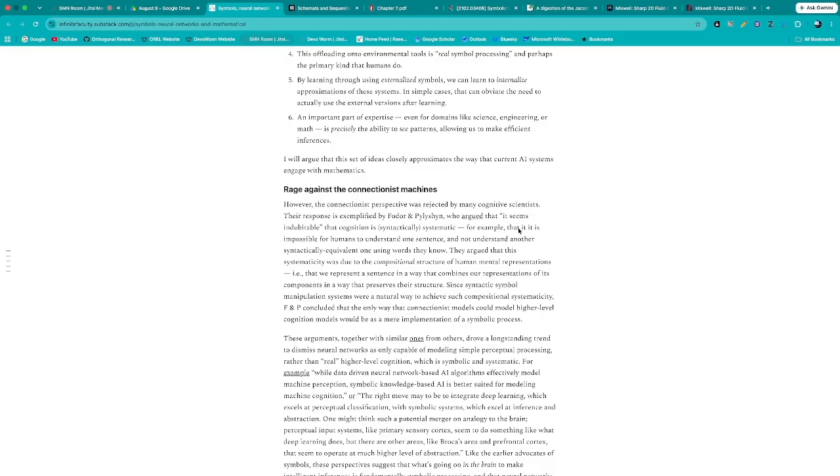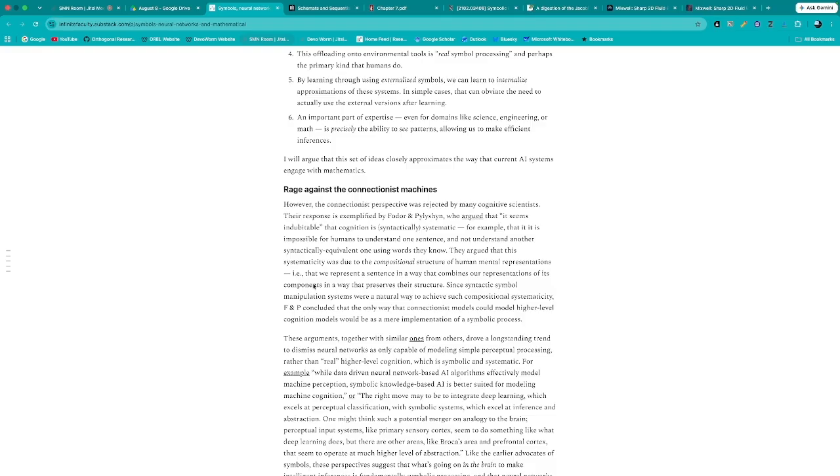For example, that it is impossible for humans to understand one sentence and not understand another syntactically equivalent one using the words they know. They argued that this systematicity was due to the compositional structure of human mental representations. So, for example, that we represent a sentence in a way that combines our representations of its components in a way that preserves their structure.